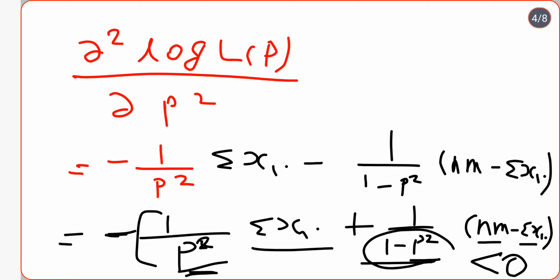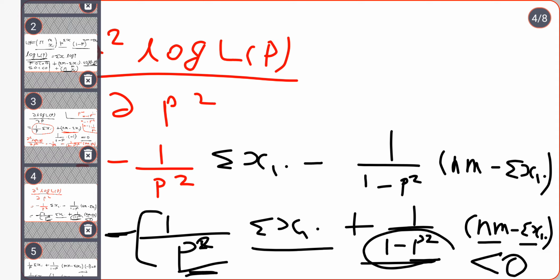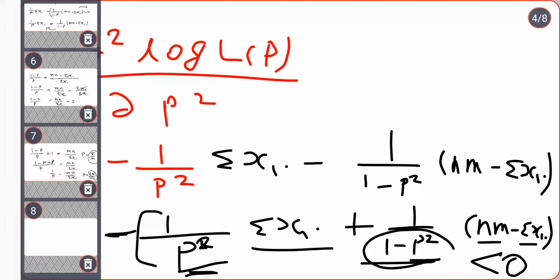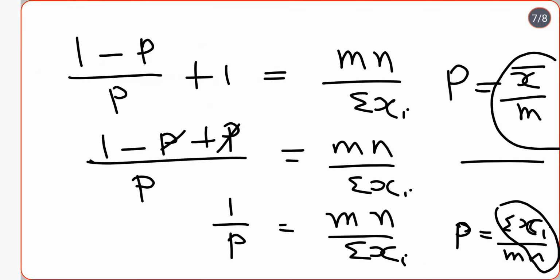So the second order condition is giving us the proper solution, that we are actually getting the maximization of the function, and we are also getting the value of p, the maximum likelihood estimator of p, as x bar by m. As you can see from the first order condition equals 0, this is the value of the maximum likelihood estimator of the binomial distribution, which is x bar by m.